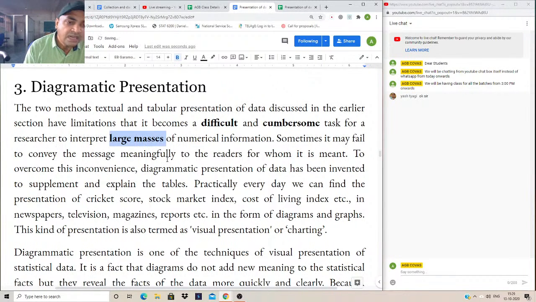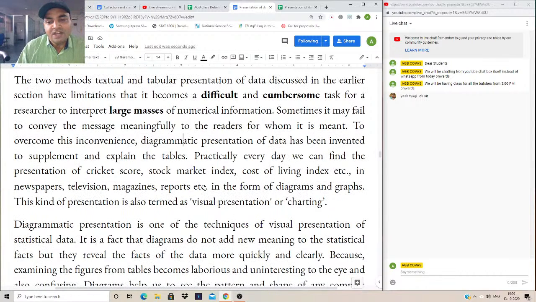If you have large masses of numerical information, it becomes very difficult to understand what the table or textual presentation is saying. Sometimes it may fail to convey the message meaningfully to the reader for whom it is meant. So to overcome this inconvenience, diagrammatic presentation of data has been invented to supplement and explain the tables.